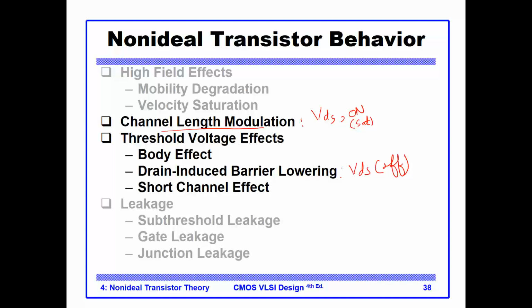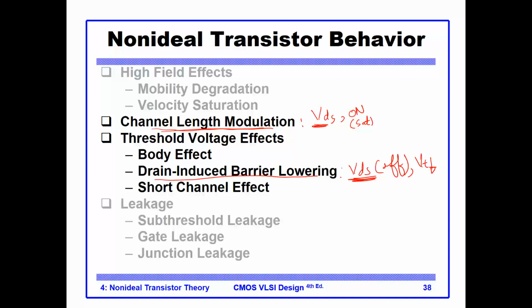Channel length modulation is caused by VDS when the device is on, specifically in saturation, and drain-induced barrier lowering impacts the device when it is off. Basically, what it does is reduce VT, the threshold, slightly.